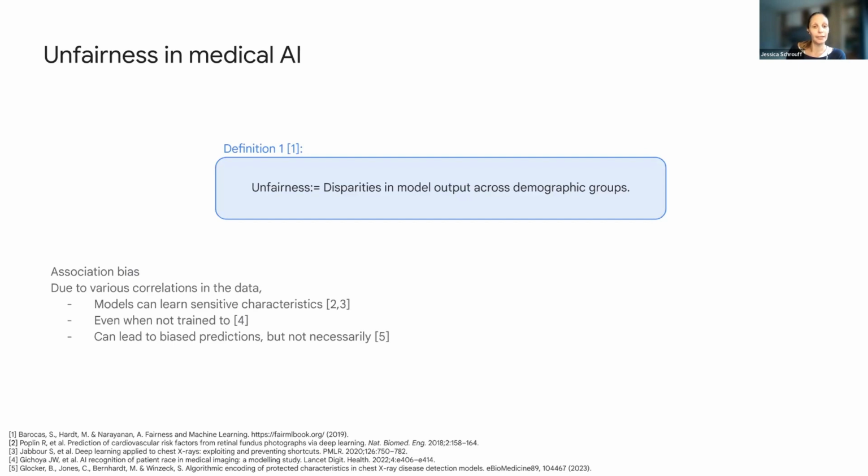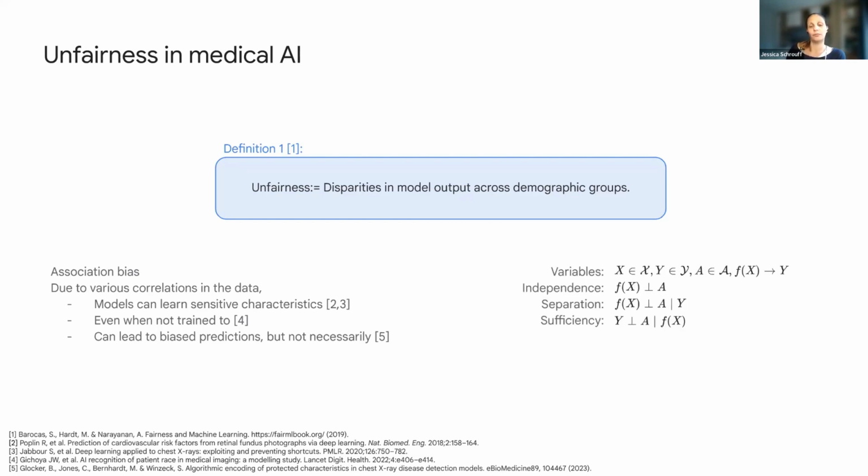This encoding of the sensitive characteristics in the model representation can also lead to biased predictions. It is a necessary, but not a sufficient condition, though. It's not because you have encoding that you do have biased predictions. But we're going to go back to that in a little bit.